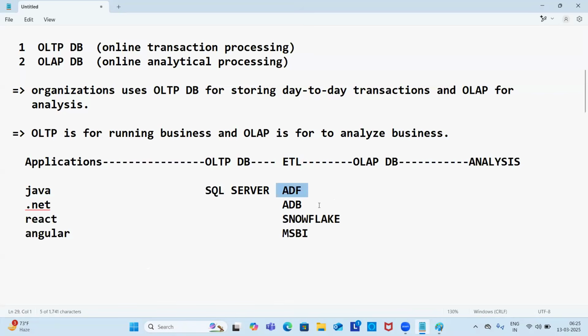So Azure Data Factory, Azure Databricks, Snowflake, MSBI. How is OLAP maintained? Again by using SQL Server. How to analyze the data? By using technologies like Power BI, Tableau, and Python. So we can use these technologies. That's all.